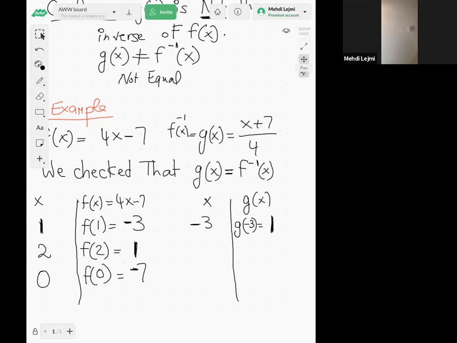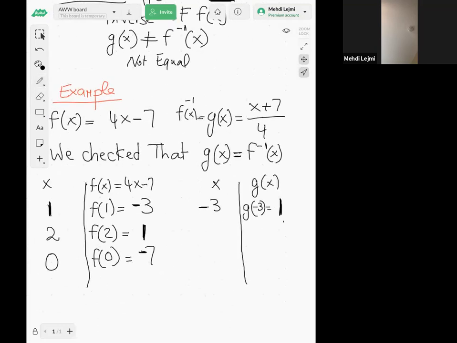So g of negative 3 is equal to 1, because negative 3 plus 7 is positive 4, over 4 is 1.